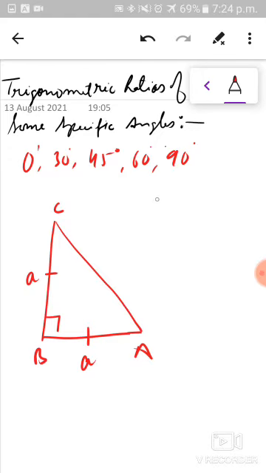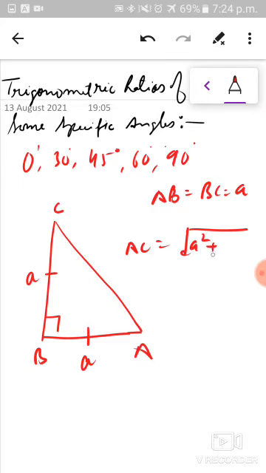So here as AB is equal to BC, both are a. So we can find AC by Pythagoras theorem, that is square root of AB square, that is a square, plus BC square, that is also a square. So a square plus a square is 2a square, which you can write a root 2. So AC is a root 2.